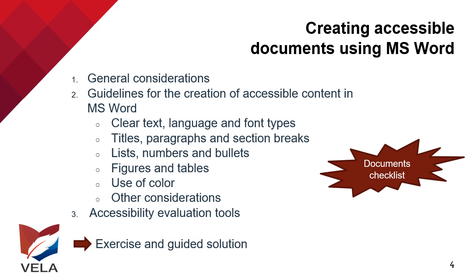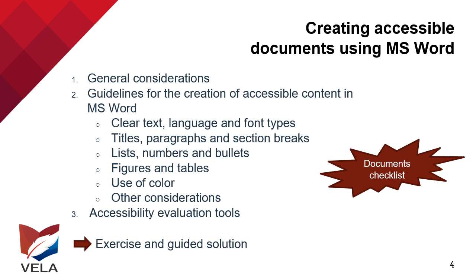The correct usage of titles is also important, as assistive technologies will read them differently to help the user to be correctly placed inside the document. Paragraphs and section breaks are also important, and some incorrect usage of them needs to be avoided, as assistive technologies read empty lines.